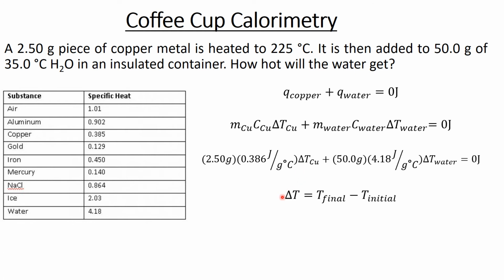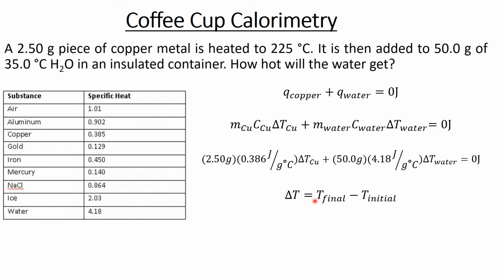So to calculate the change in temperature, delta temperature, we're going to subtract the initial temperature from the final temperature. That's the way we calculate the change in anything, right? If you want to figure out how much you grow, your change in height, you subtract your initial height from your final height, right?